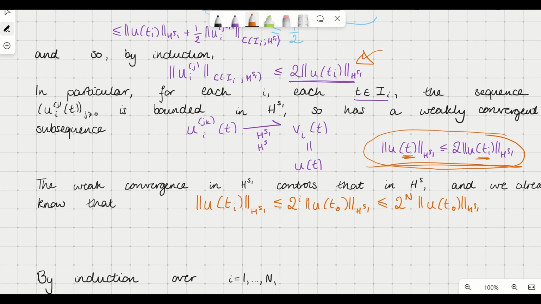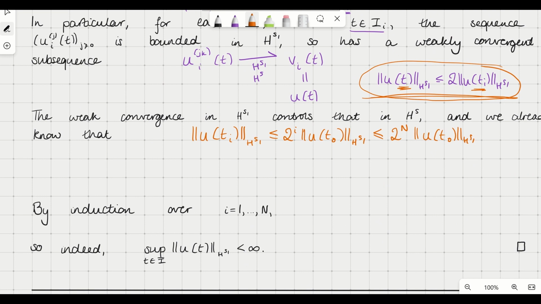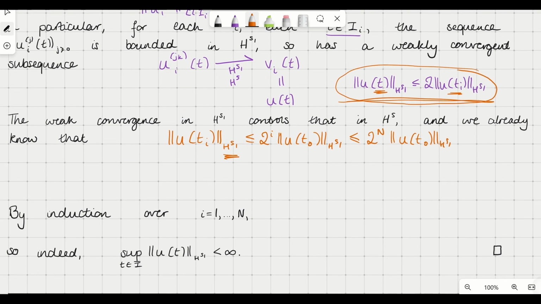So we have some uniform bound on the HS1 norm of the solution over the whole compact interval t_0 plus t_1, by something which depends only on the initial norm in HS1 and the HS norm of the solution over the interval I-bar.